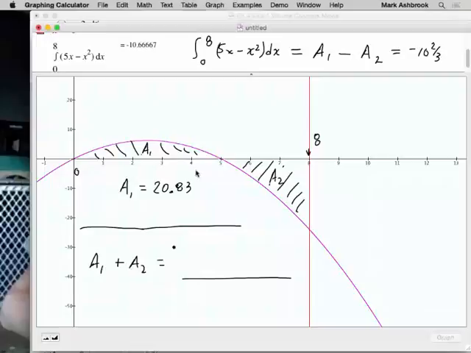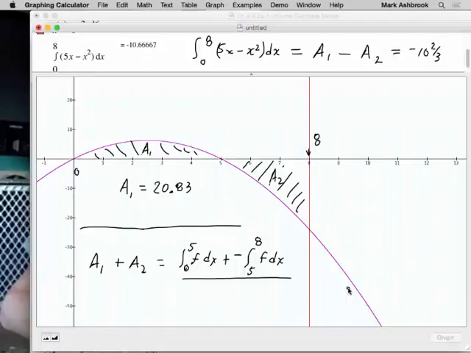Right, you'd have to split it up. You'd have to take the integral from 0 to 5, and then do what? So you're going to do the integral from 5 to 8. We know that's going to be the opposite of A2. So to get it to add on A2, we're going to subtract, or take plus the opposite of that integral.